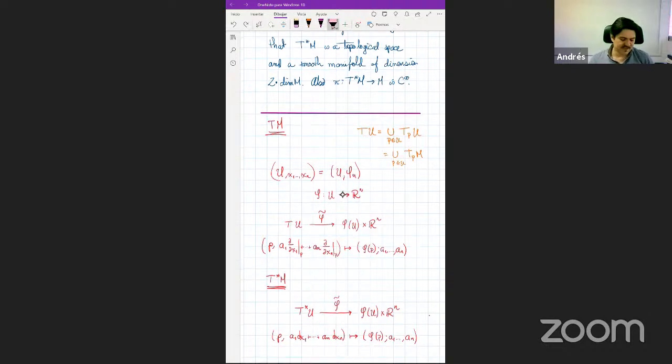So it is a point and this vector. So the function is very similar as before, like this, but now those coefficients correspond to the covector, not the vector. Coefficients A1 up to AN.